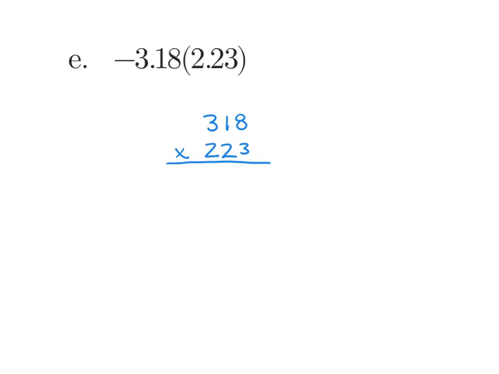All right, so if we go ahead and multiply, starting on the right, we get 3 times 8 is 24. Carry the 2. 3 times 1 is 3, plus 2 is 5. And 3 times 3 is 9.